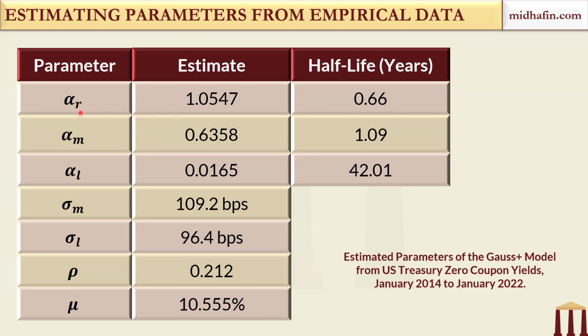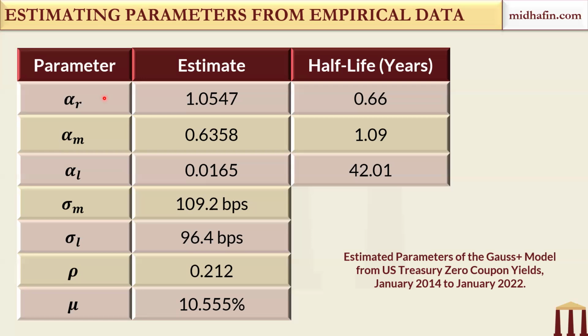Of course, you can see alpha is highest. Half-life is, by the way, in years. And if you don't remember, what is the meaning of half-life? It is the time it takes to cover 50% of the distance.